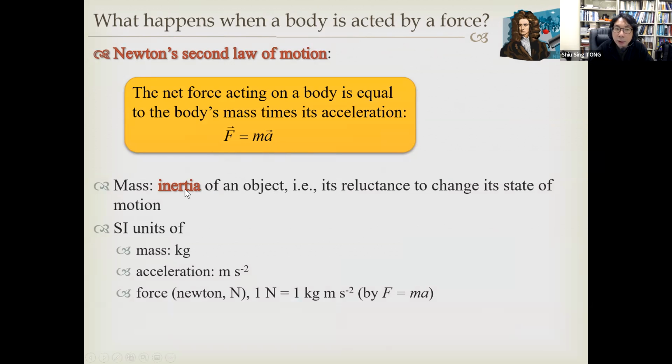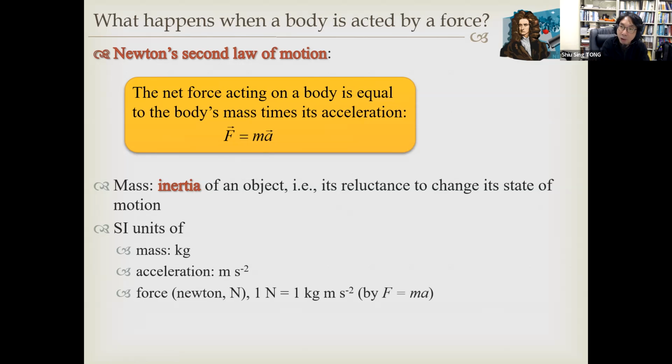Now the mass is the inertia of an object. It is a reluctance to change the body's state of motion. So the larger the mass, the more reluctant the body is to change its motion. So you need a larger force to produce the same acceleration, so to speak.